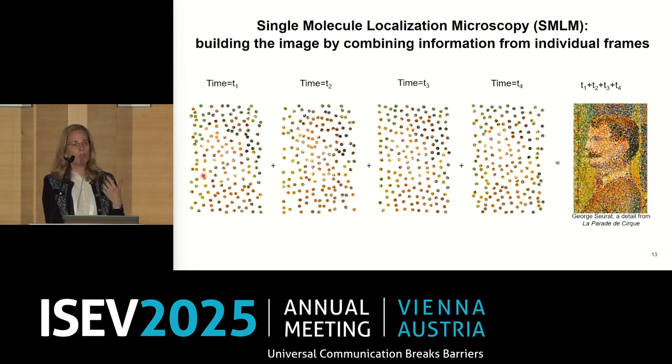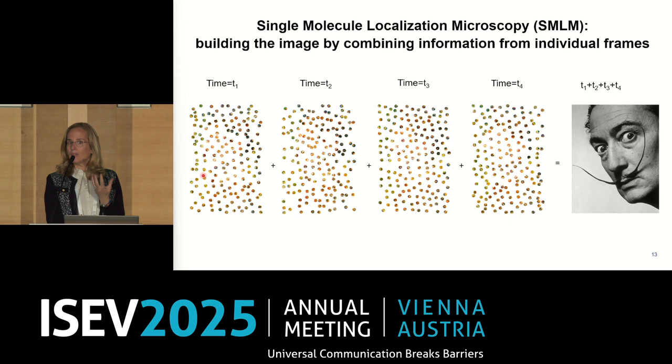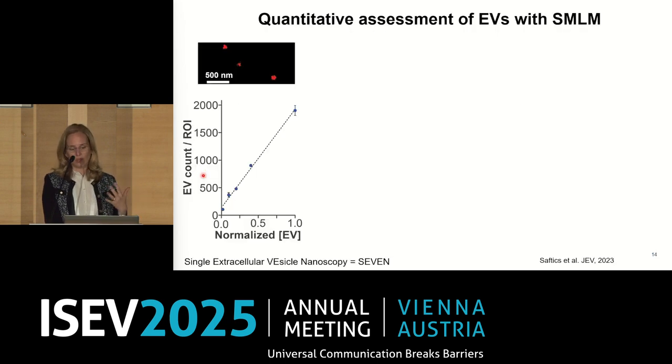So if I don't count properly, my pointillistic mustache of Seurat becomes the surrealistic mustache of Dali, right? So I have to be careful how I count. I should not overcount. That's a challenge. So we have to continuously use standards and good techniques to report things properly, to do this right.